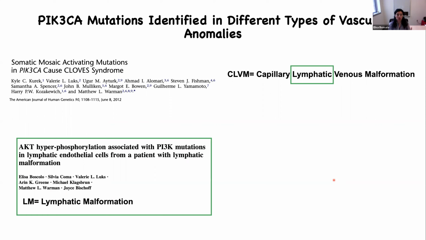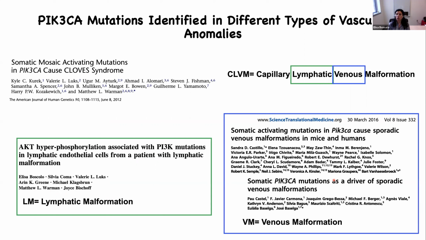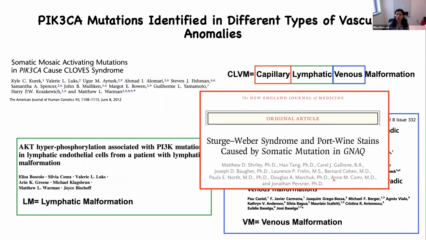This is some of my work, but other people have shown this. And in isolated venous malformations, also PIK3CA mutations have been identified. Conversely, in capillary malformations, we have mutations in GNAQ. So which one is the cell type of origin?